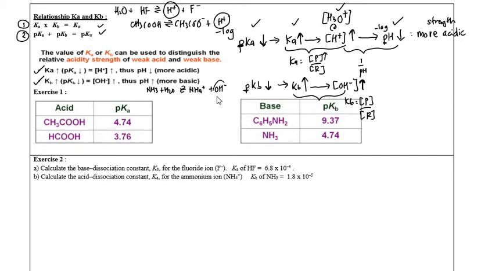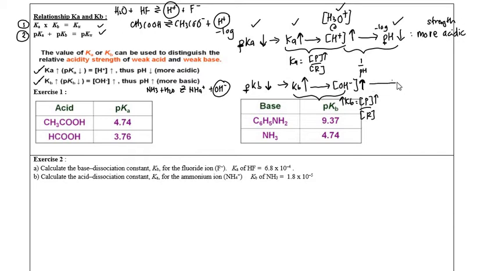Look at your OH minus as your product. That's why when concentration OH tinggi, which is your product tinggi, your Kb also tinggi, berkadar langsung.